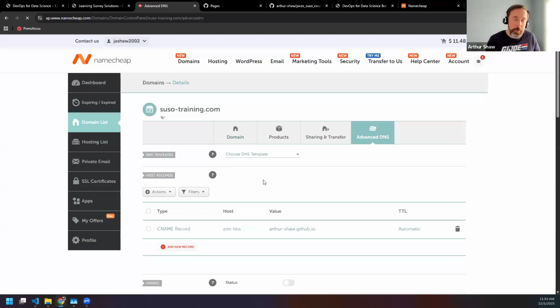I did a lot of Googling to figure out how this works. Basically I've got this table right here, where I have a CNAME record which says for anything with the subdomain Zim HBS, route it to this right here, which GitHub had told me to use.